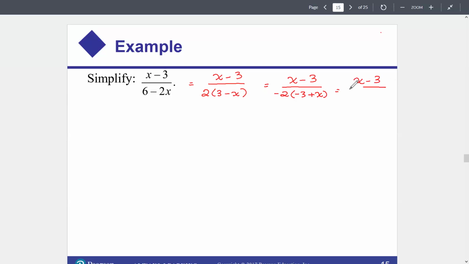If I just rearrange that, by the commutative property, I can just say x minus 3 on the bottom. So now we have the same factor on the top and bottom, and really what I'm left with is just negative 1/2. So be careful. Sometimes you do have common factors. It's just that you have to factor out a negative as opposed to just factoring out positive factors.